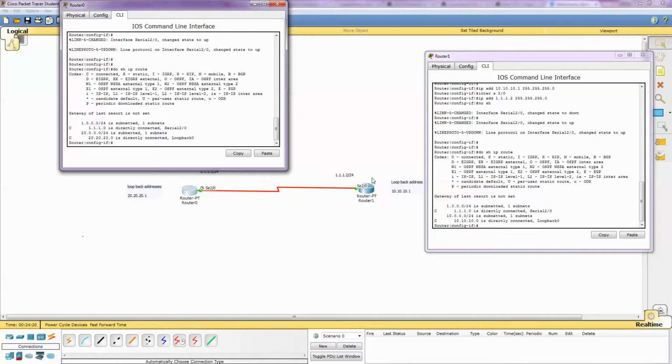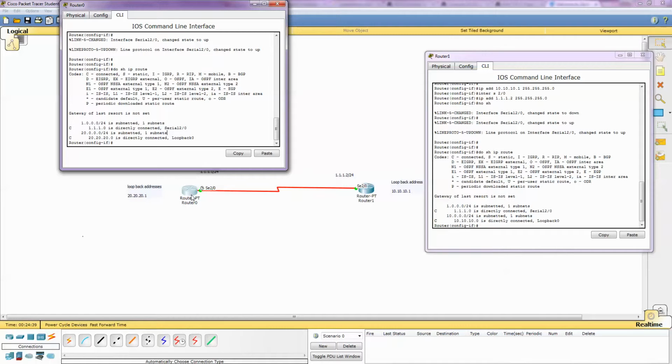So we are not seeing this IP address in this routing table, and neither this IP address in this routing table. So we will enable the routing protocol RIP.